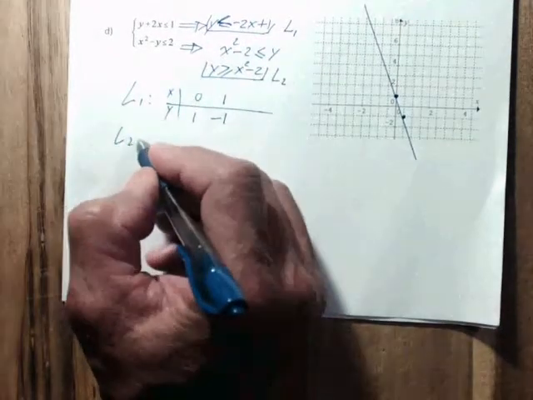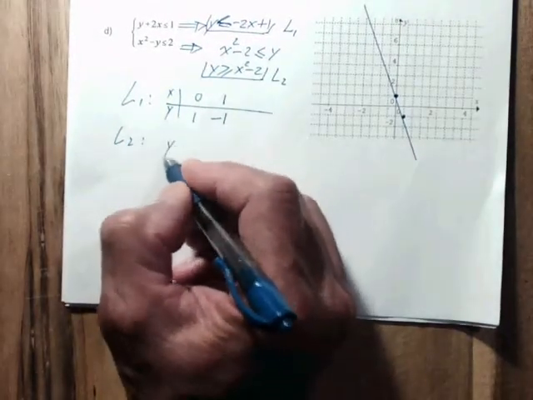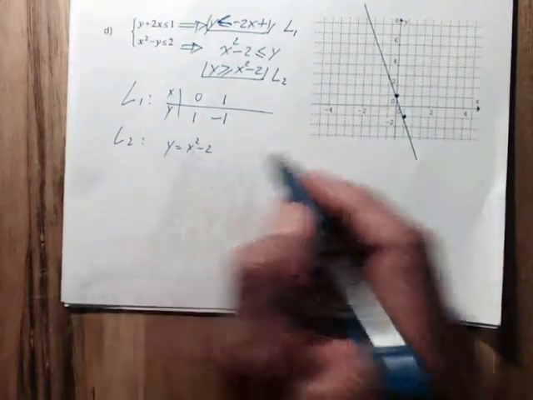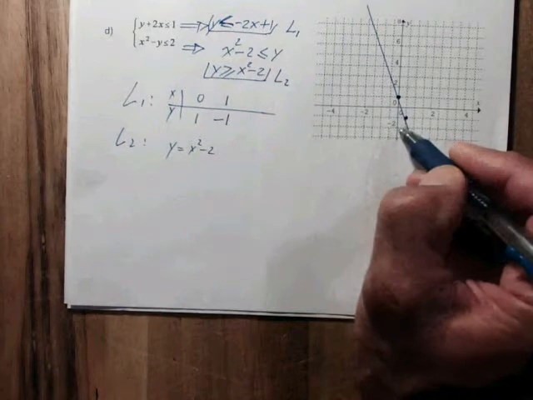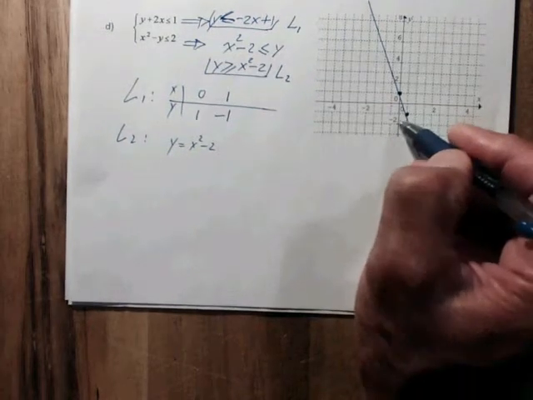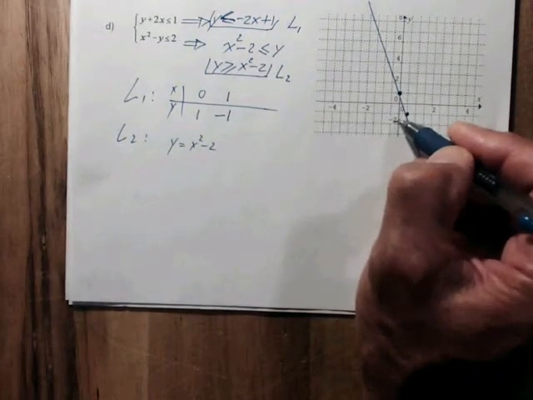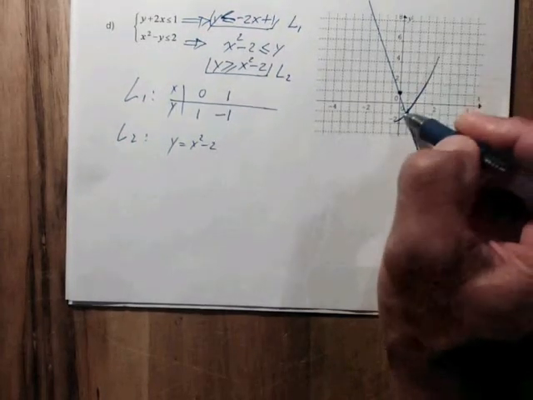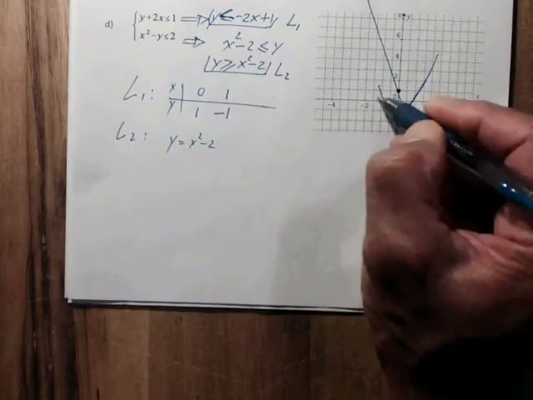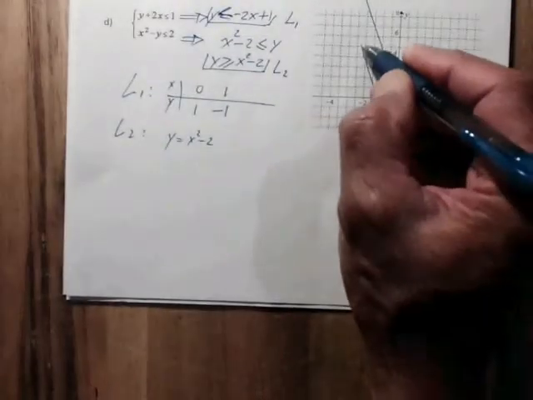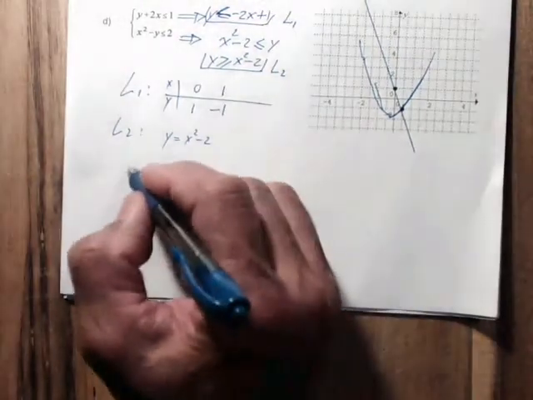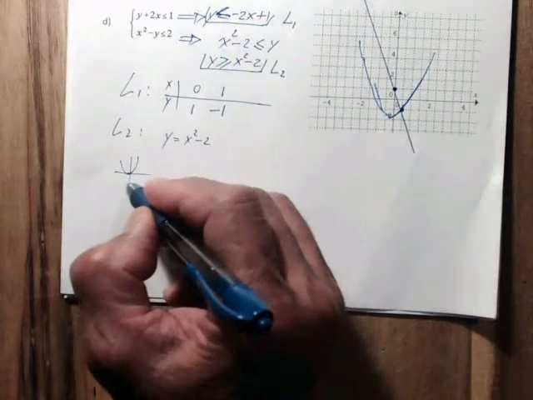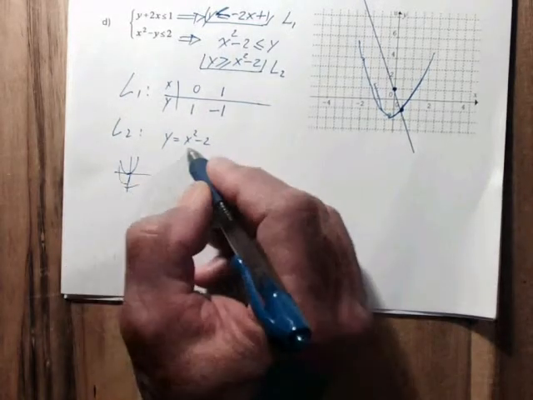For L2, I have y equal to x squared minus 2, and this is a parabola that moves down 2 units. So like that, the parabola like this, and then it's moved down 2 units because there's a negative.